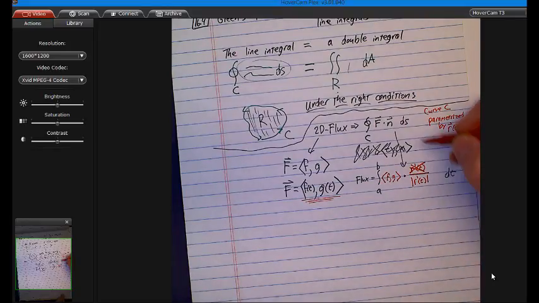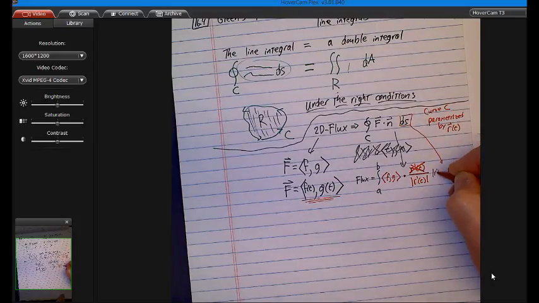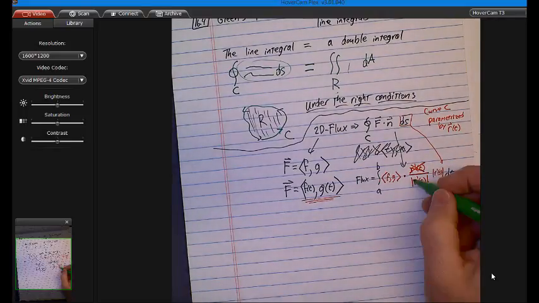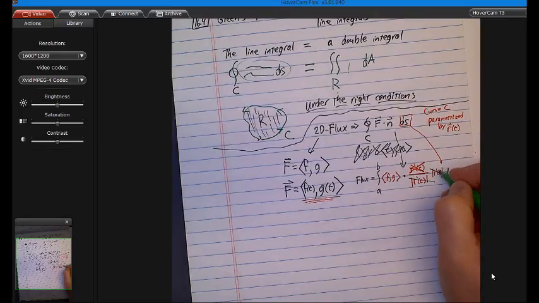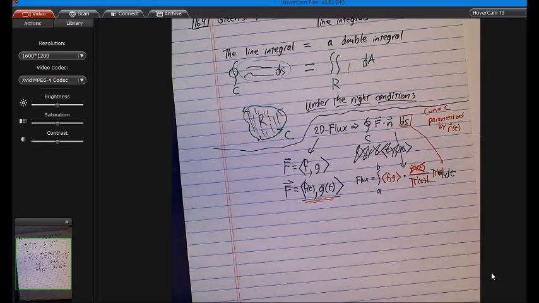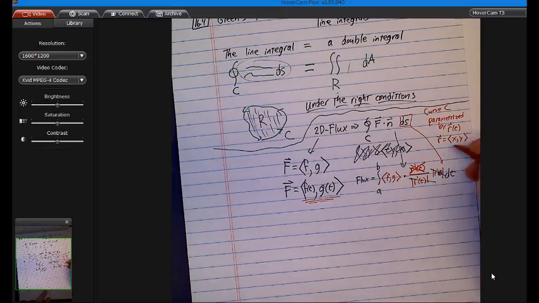And then the other thing that's interesting is ds means unit speed, and so you get this r prime of s right here. And so the r prime of t absolute values are going to cancel. If r is given by the vector x, y, then to get n, I want negative y comma x.